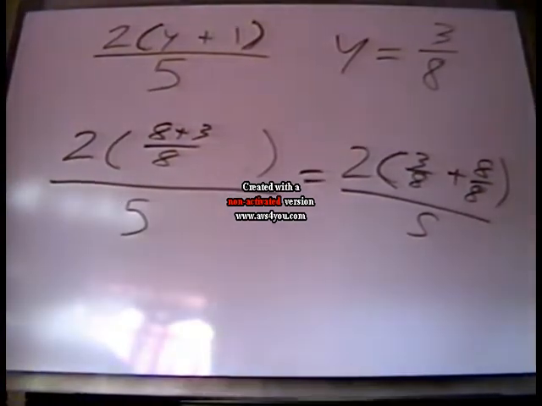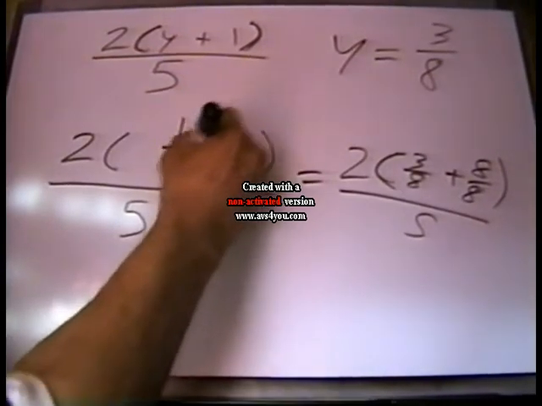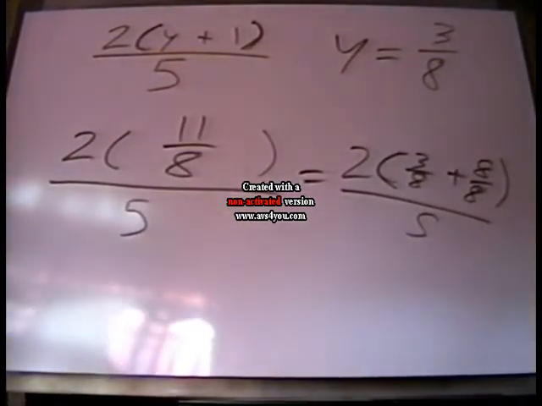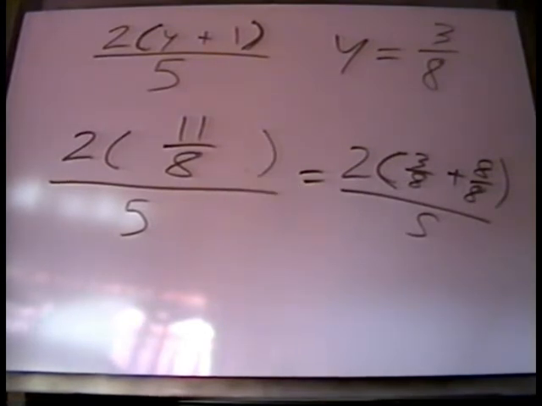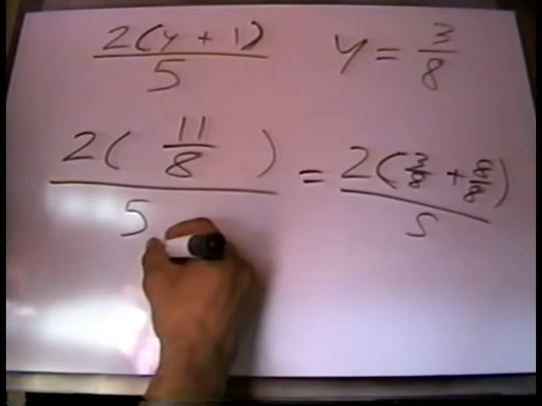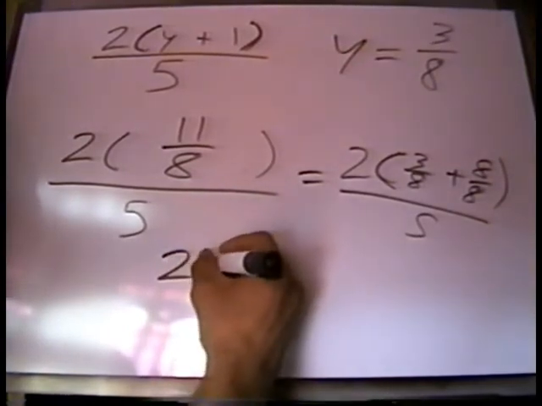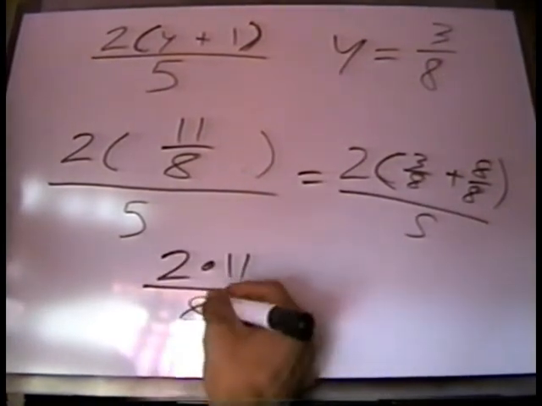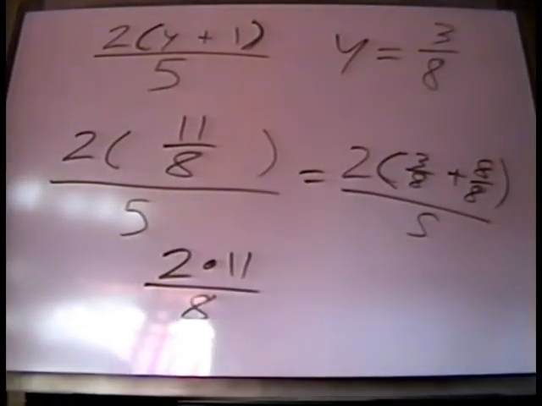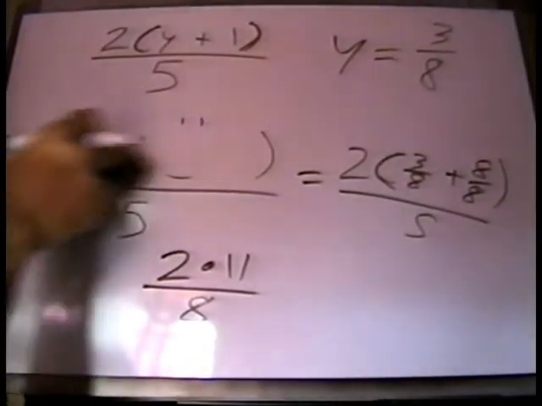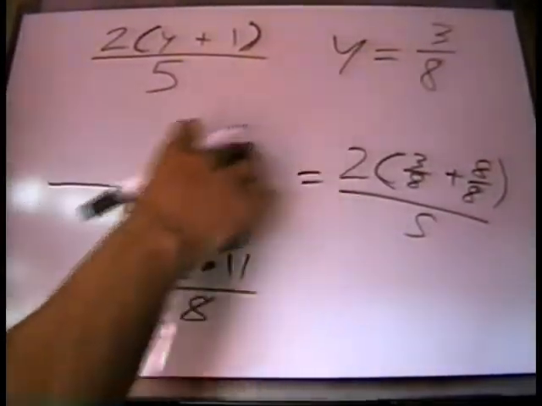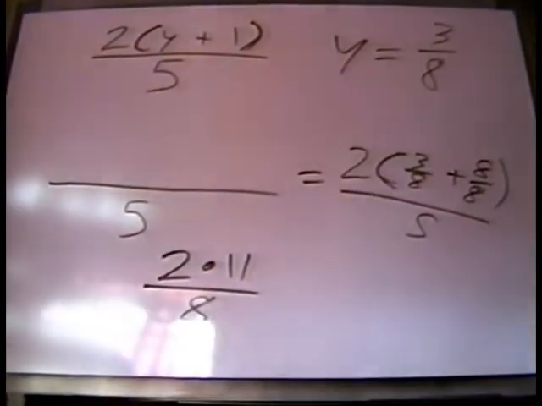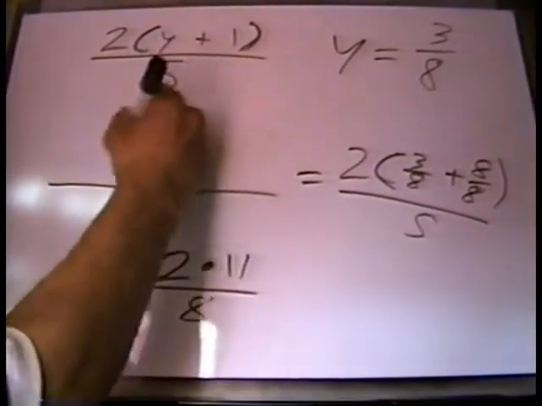Or 11/8. Now you got 2 times 11/8. Now 2 times 11/8, that's 2 times 11 over 8. So you get 22 over 8. 2 times 11 is 22. So you get 22 over 8.